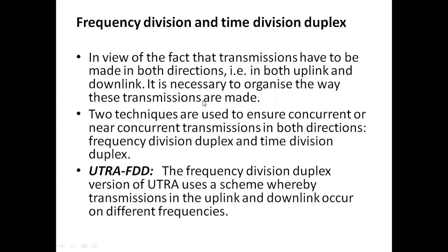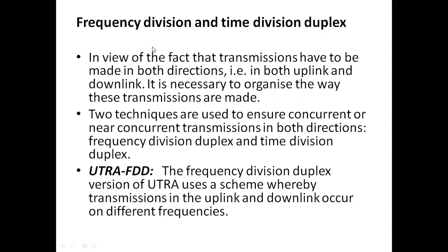One is frequency division duplexing, and the second one is time division duplexing. Since we are transmitting data in both directions, the transmission must be organized, so we follow these two techniques.